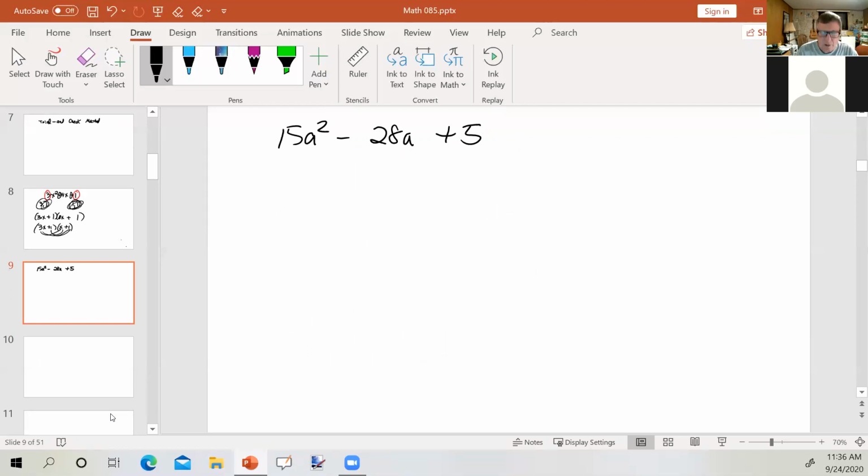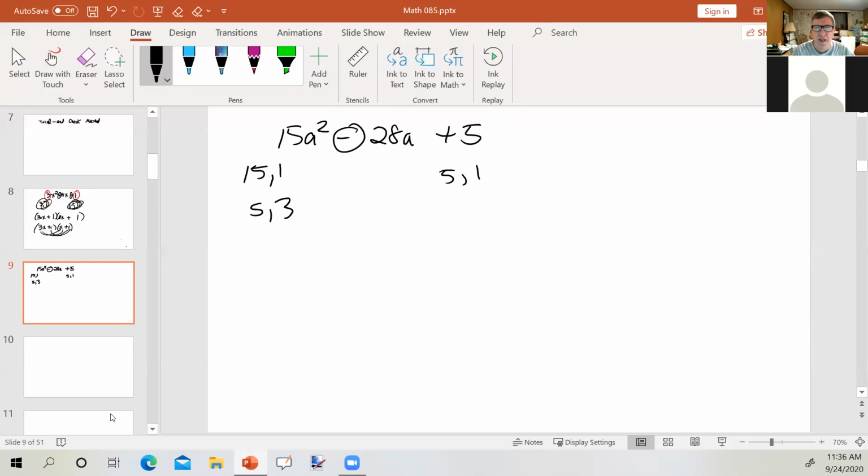So I'm going to look at the 15, the leading coefficient, and create all the factor pairs that multiplied give you 15. So 15 and 1, 5 and 3. Then I'm going to look at all the factor pairs whose product is 5. 5 and 1. But wait a minute.